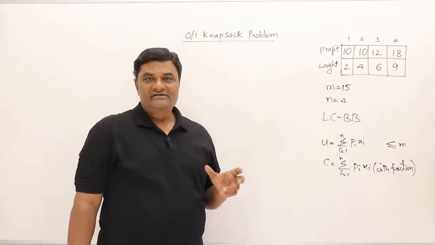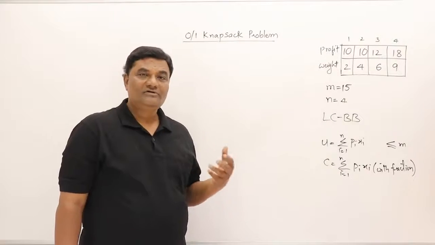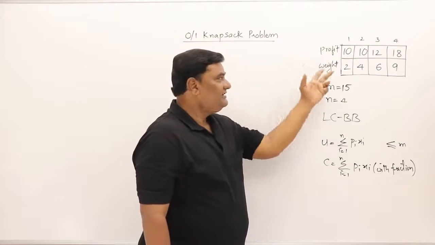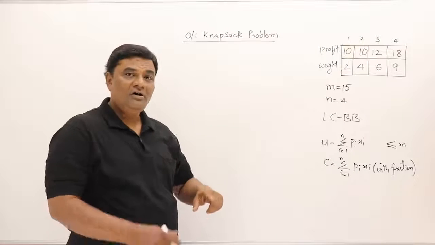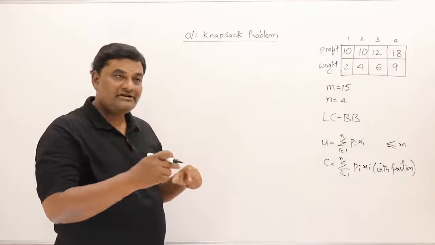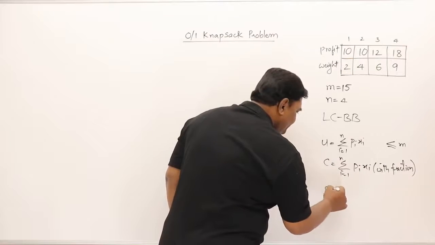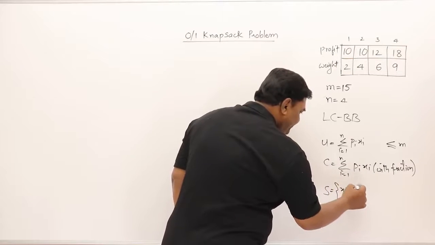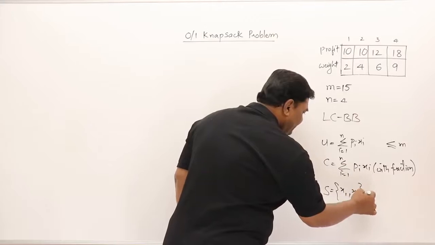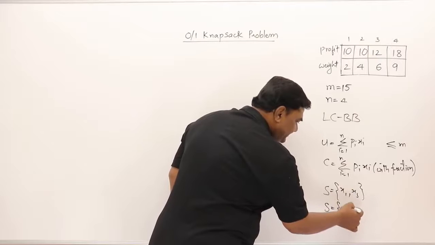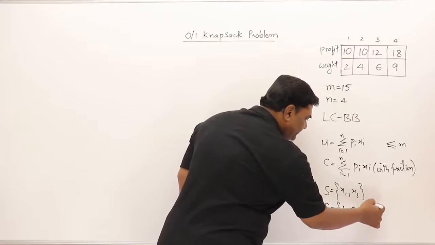Now let us generate a state space tree, but I should consider one more thing. What type of solution do I want? Do I want the subset of these objects, or do I want all those objects and just show included or not included? For example, do I want the solution like this, first object included or third object included, or do I want the solution like this, that is first object included, second not included, third included, fourth not included?